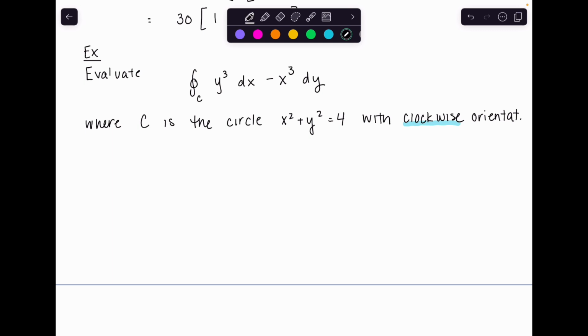So if I'm looking at this line integral, again, I don't like this form. So instead, I'm going to write this as y cubed and then negative x cubed dot product with dx dy.